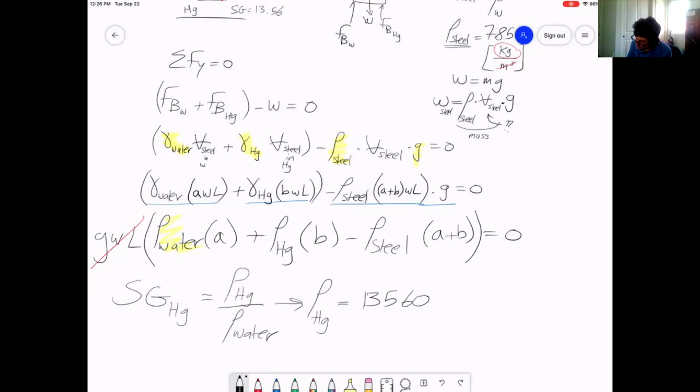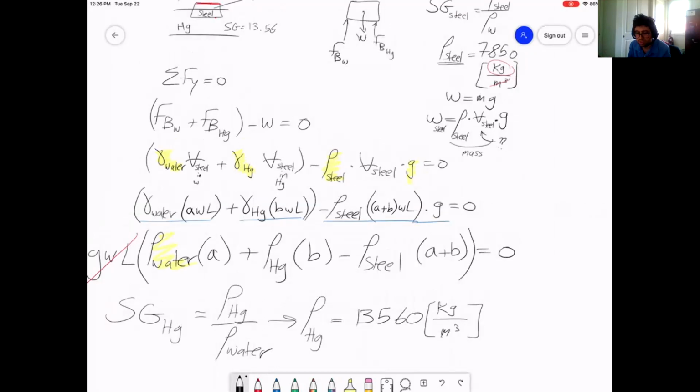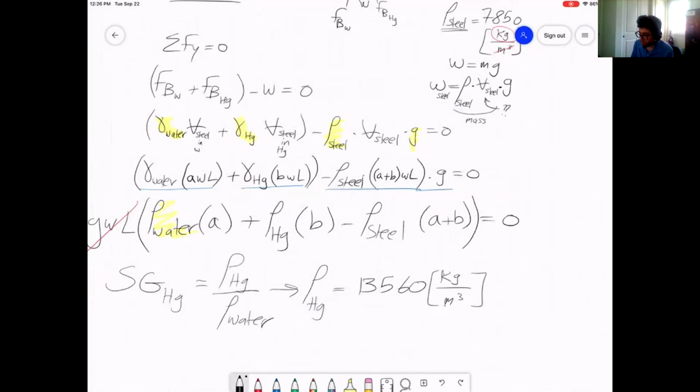The units for density is kilogram per meter cubed. You can see how dense this mercury is. It's 13.56 times more dense than water. It's crazy.